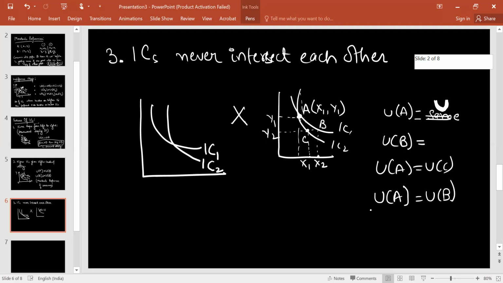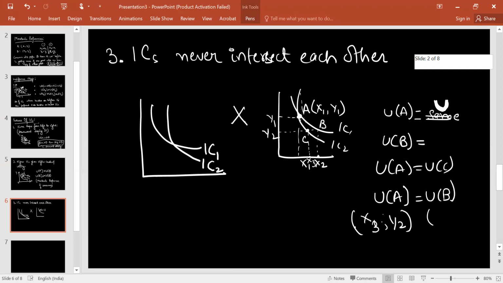But if we see the consumption bundle C, it is not x1, this is basically x3 and this is x2. And this is y2. The bundle is x3 comma y2.